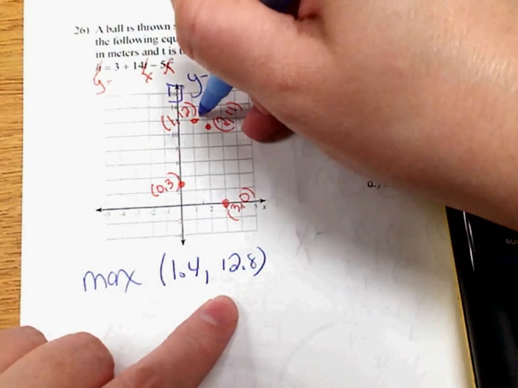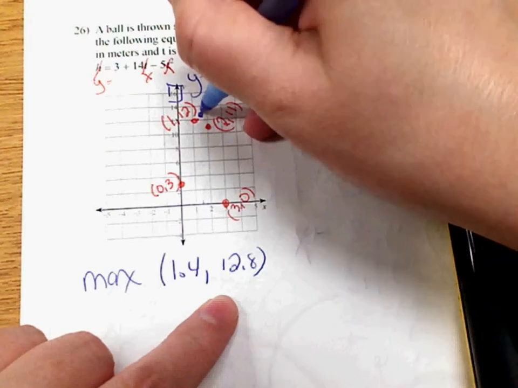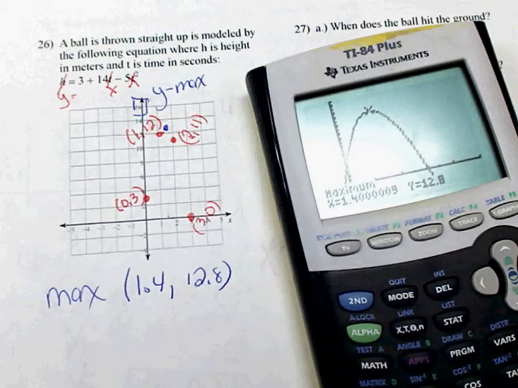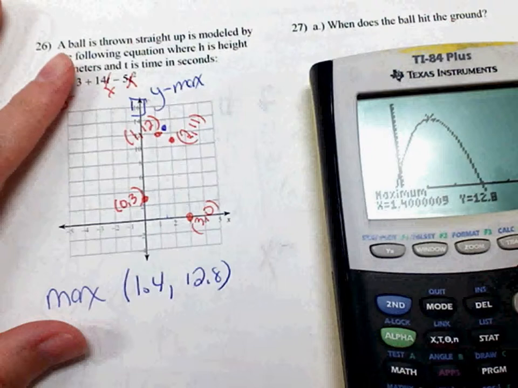Now we're going to put that one on here. So 1.4 is in the middle right here, and 12.8 is kind of right about there. Make it look like this picture.